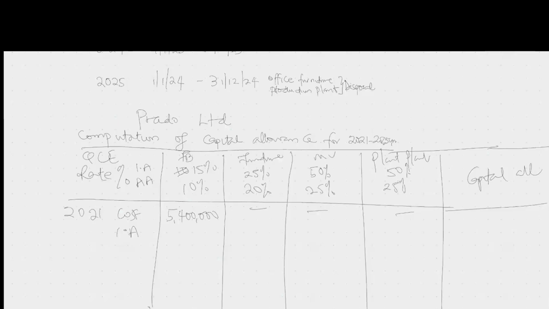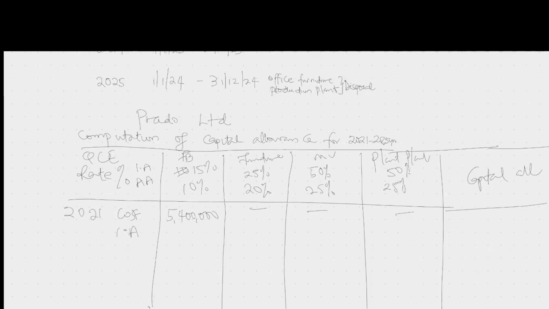The cost. The cost is 5.4, okay? And the new purchase price, or the old one, was 7 million. So that is not relevant. Now, what is the other condition? The other condition is that we have to calculate an annual allowance.